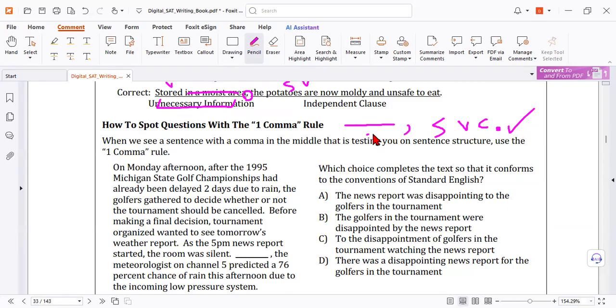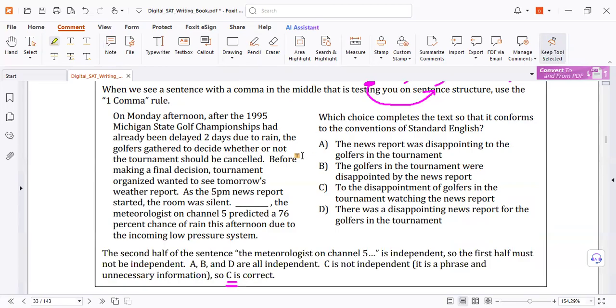In the test we give you information here related to the subject. You must find the subject in the sentence after the comma. Remember, find the subject after the comma. So that is, look, let's read.